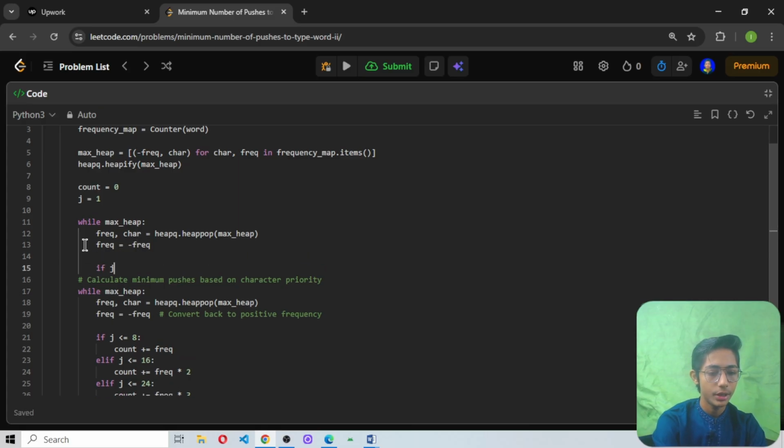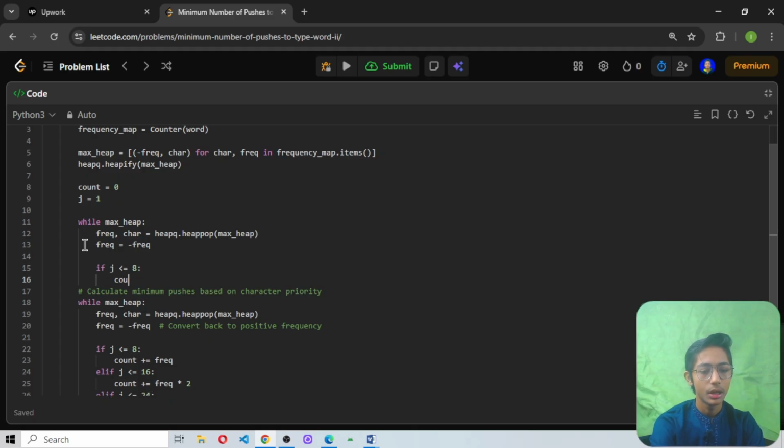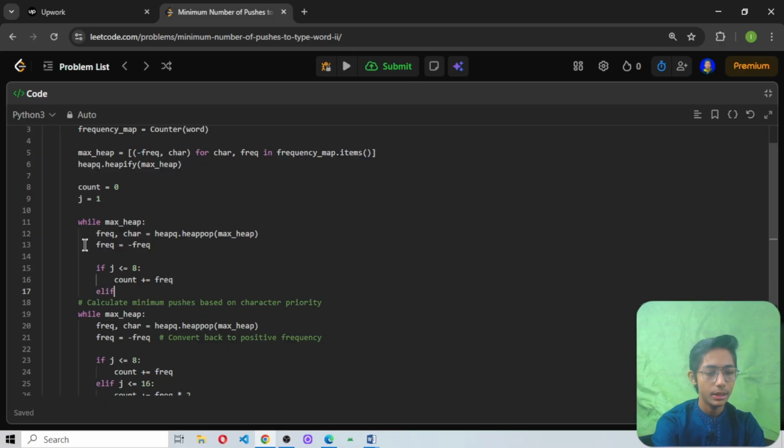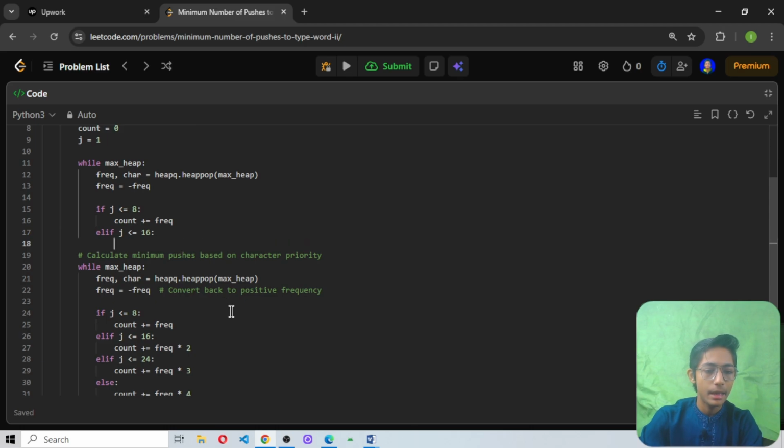If j is less than or equal to 8, count plus equals frac, and elif j is less than or equal to 16, count plus equals frac multiplied by 2.